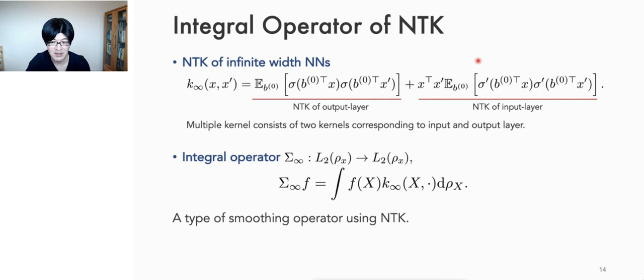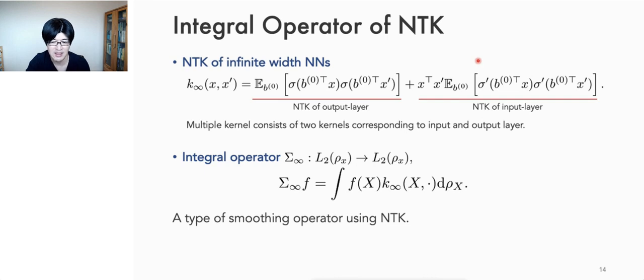To describe an assumption, we provide some notations and introduce the integral operator of NTK. Here, K infinity is an NTK of an infinite-width two-layer neural network. This kernel is a multiple kernel consisting of the sum of two kernels corresponding to the output and input layers.